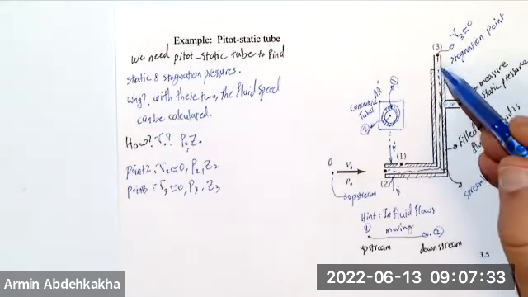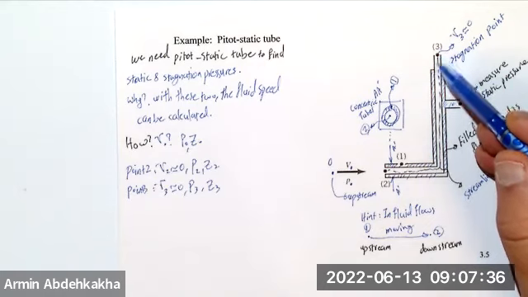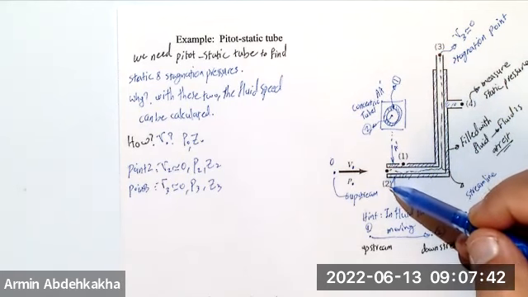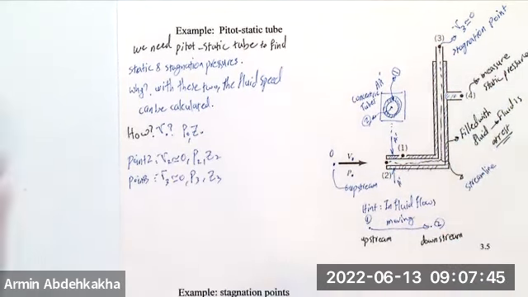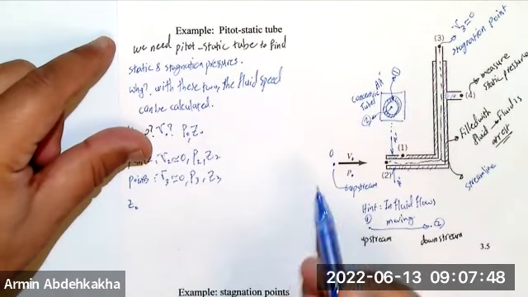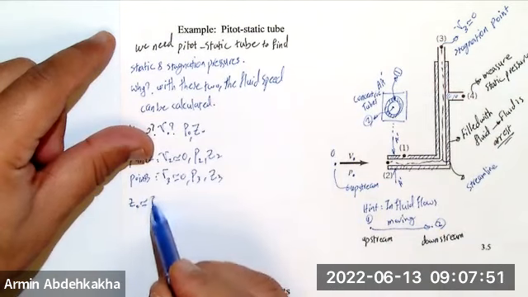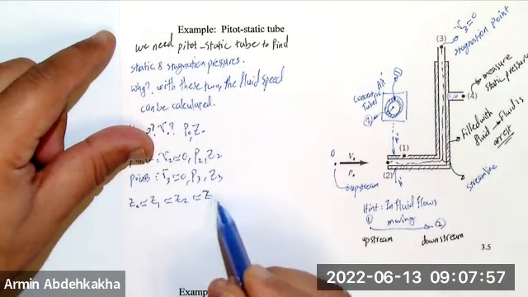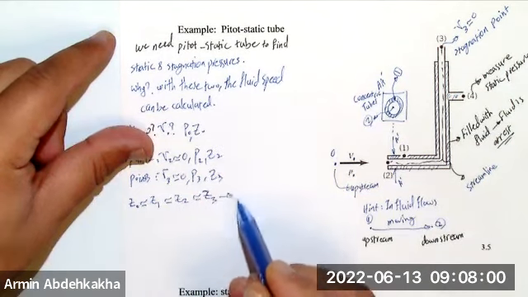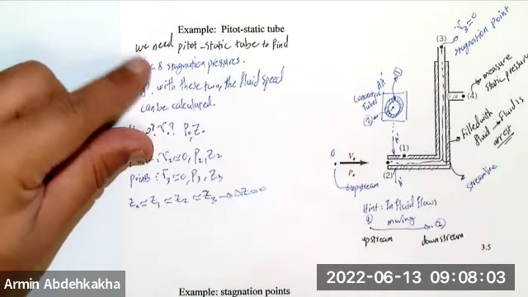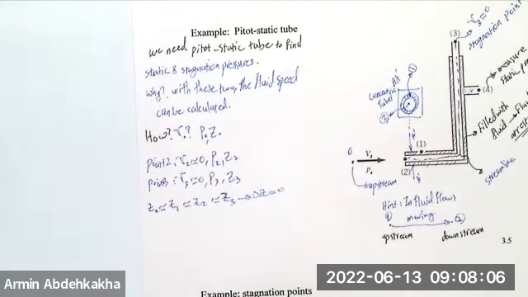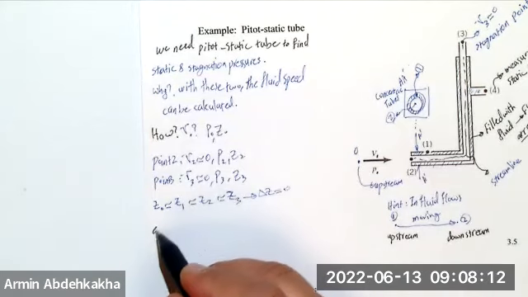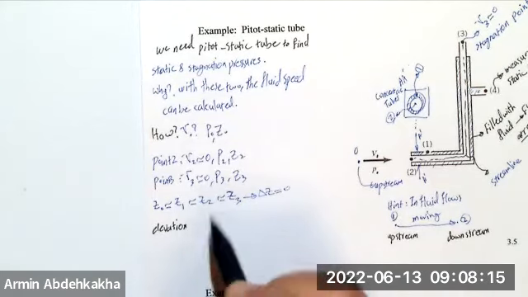So you can consider that the elevation of the fluid at points 3, 4, 1 and 2 are similar. So delta Z is equal to 0, meaning Z at point 0 is almost equal to point 1, point 2, and also point 3. If you make this assumption, which is almost true, then elevation is negligible.